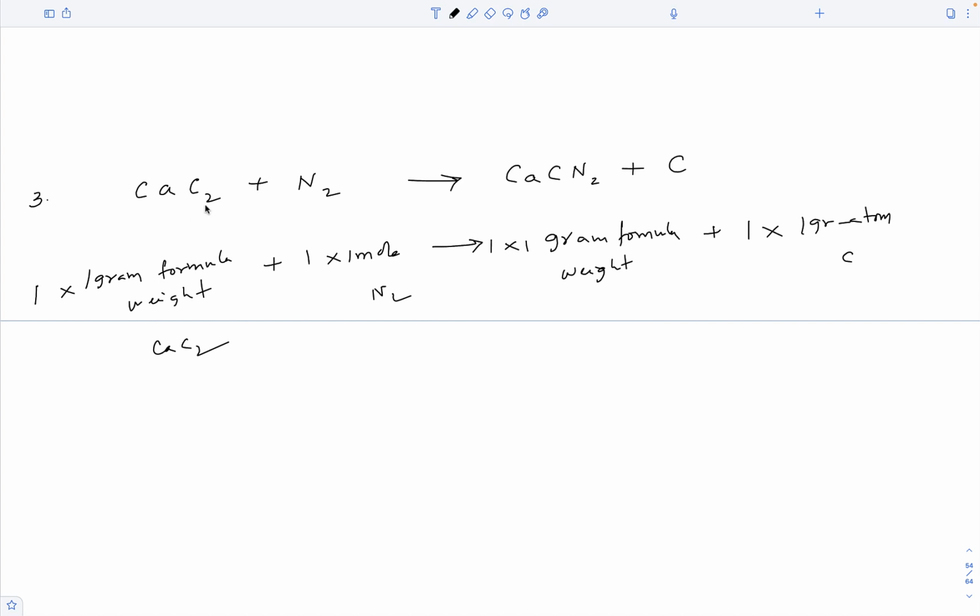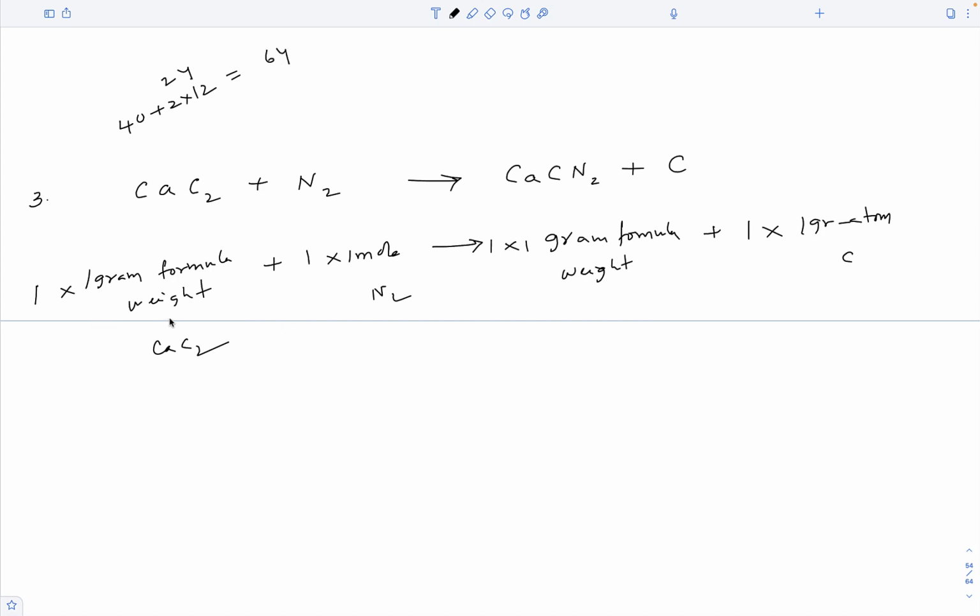The formula weight of calcium carbide is 40 plus 2 times 12. Atomic weight of calcium is approximately 40. Atomic weight of carbon is approximately 12, so 2 carbon atoms there. So 2 times 12 plus 40 is 24 plus 40, is it 64? Yes.